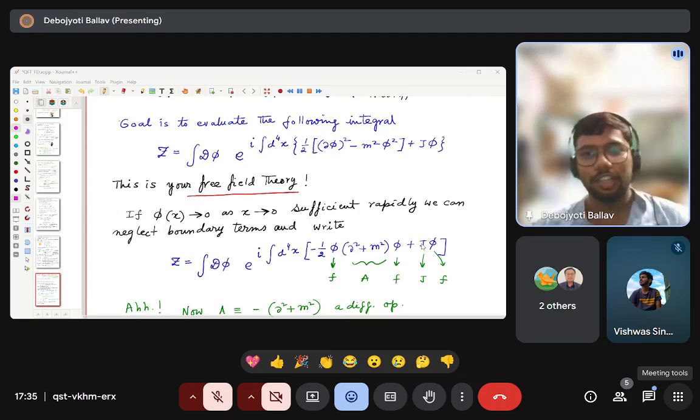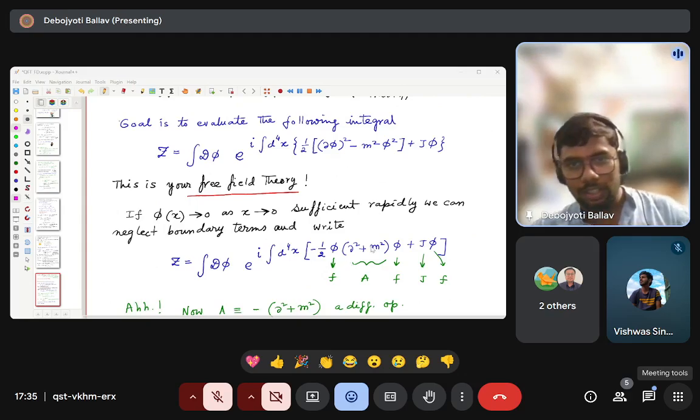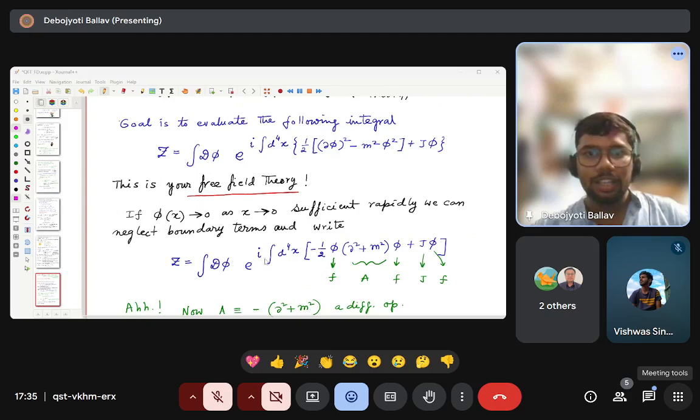You can see inside this, but this integral from a mathematical point of view is very familiar. Even if you don't understand what they mean, you can still solve this integral as an integral, because this phi is exactly analogous to your f, and this del squared plus m squared is analogous to a.